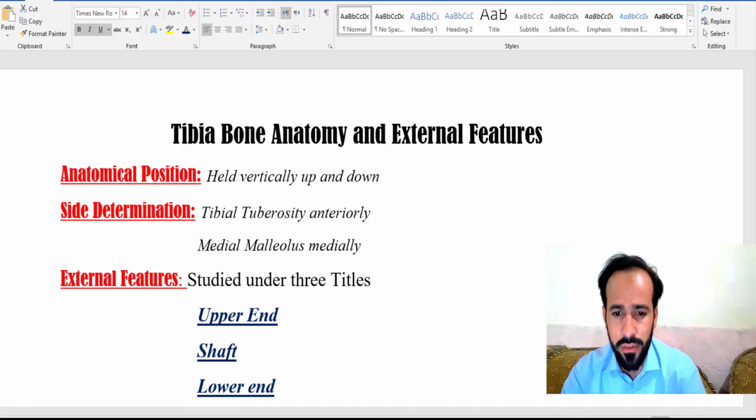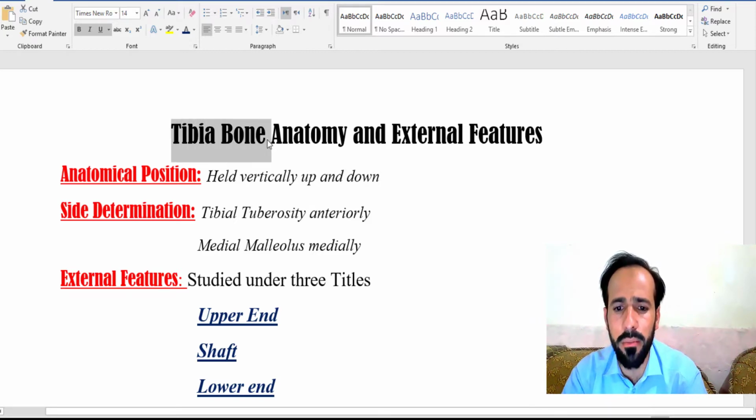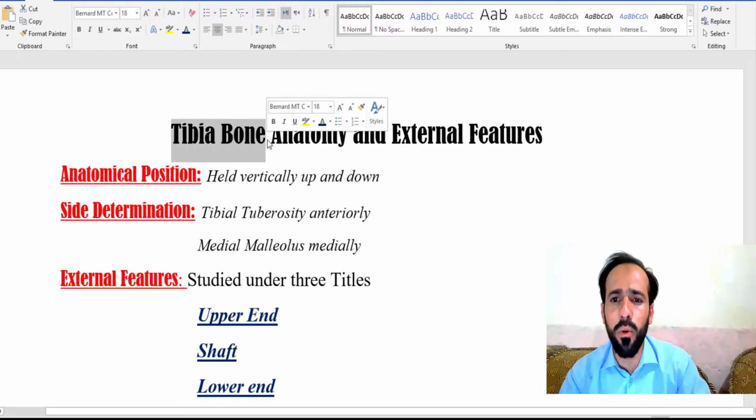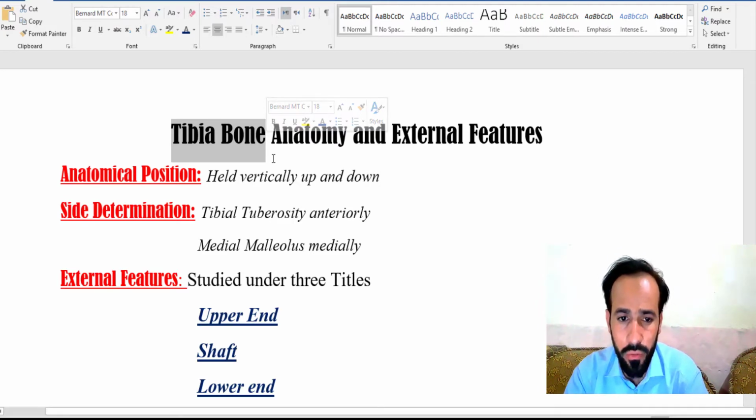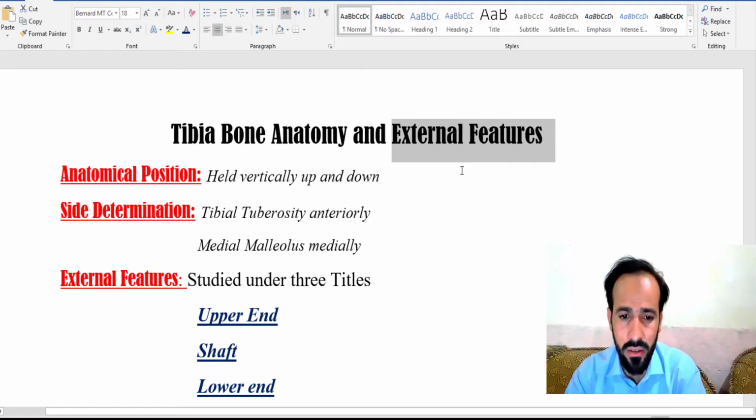Now my dear friends, as you know, we have our tibia bone, right? The tibia bone is the bone of the leg. First of all, we should know that the tibia is the bone of the leg. Okay, it has some external features. Right now in this lecture we are discussing these external features.